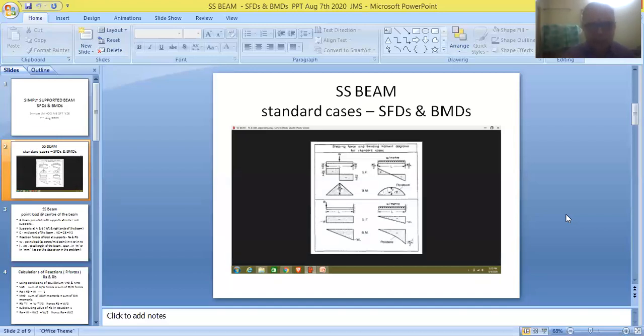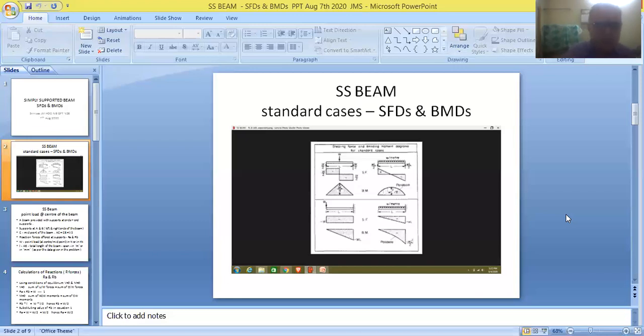And secondly, we have to fix the limits for each and every portion of the beam, that is, lower limits and upper limits. So for the CB portion, the lower limit is naturally taken as 0, since we are measuring from point B. So B to B it is 0.